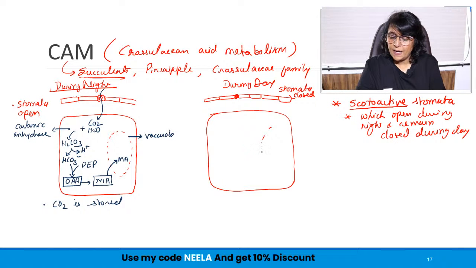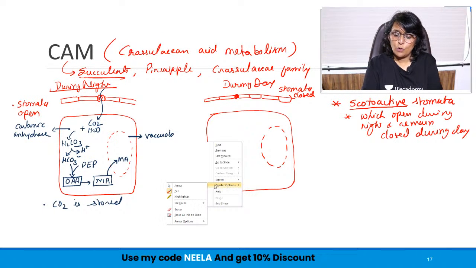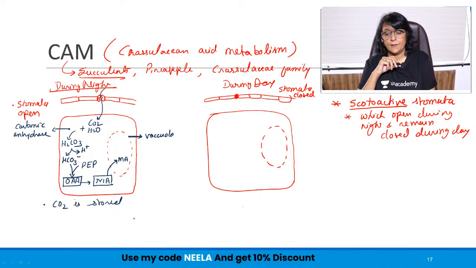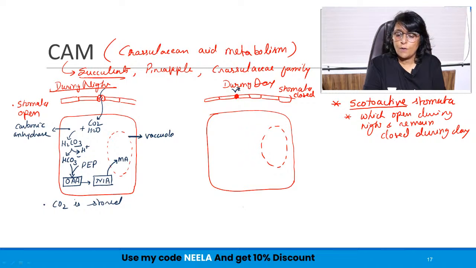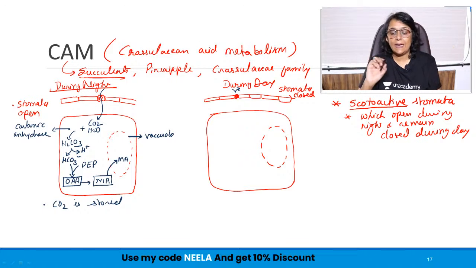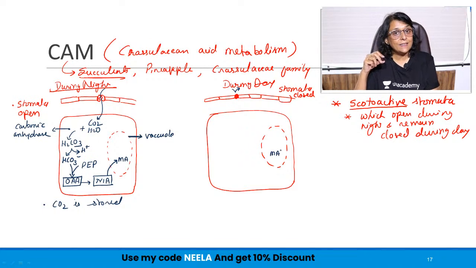Here we made this vacuole in which all throughout the night malic acid was stored. So now during daytime, there is no entry of any gas. There is no carbon dioxide coming in, but there is malic acid which is accumulated in the vacuole.